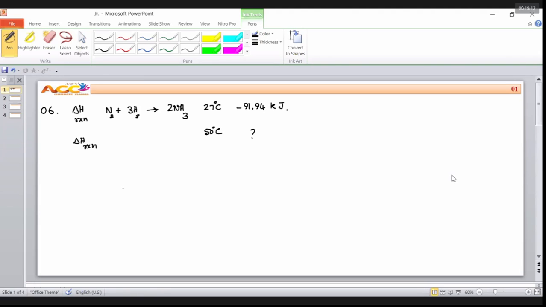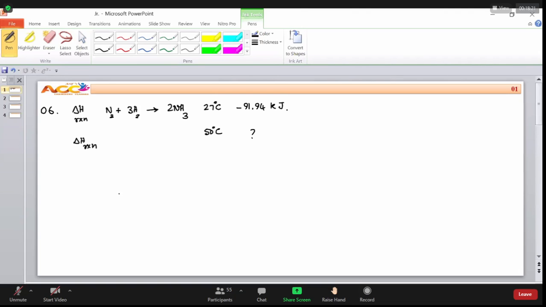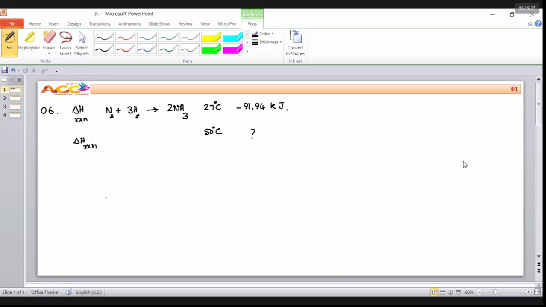Okay, when two different temperatures are given to you, before reading that ultimate point, your mind should start saying, okay, go ahead, Kirchhoff's equation we have to use, right? Next, data given is molar heat capacity at constant pressure. Write down Cp of nitrogen, hydrogen, and ammonia.